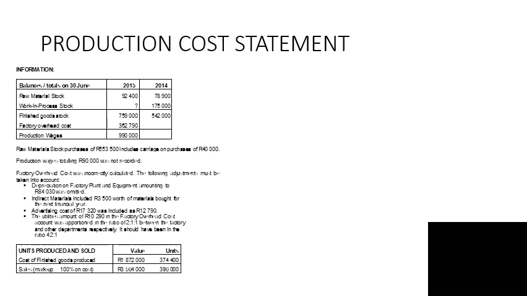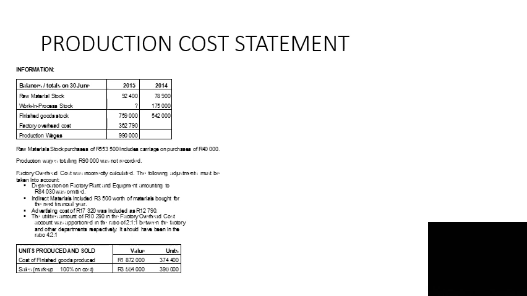Our second piece of information says raw material stock purchases of 553,500 includes carriage on purchases of 40,000. So our direct material cost we already know. Then production wages totaling 90,000 was not recorded. Here we already have 990,000 plus 90,000, it will give us the total production wages for the year.